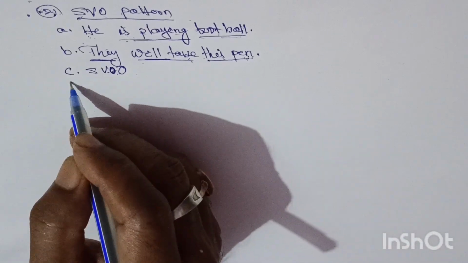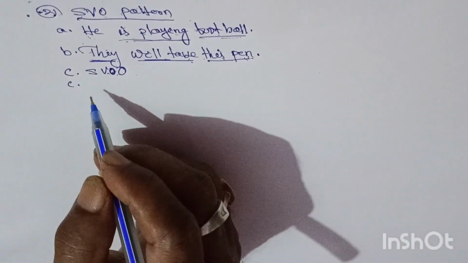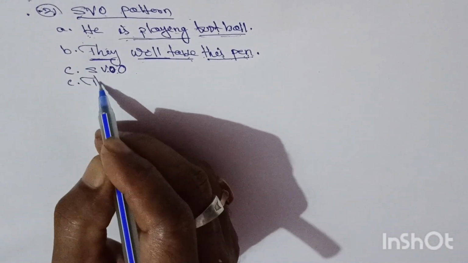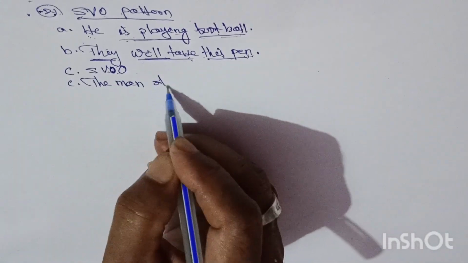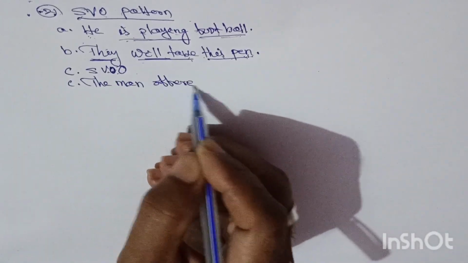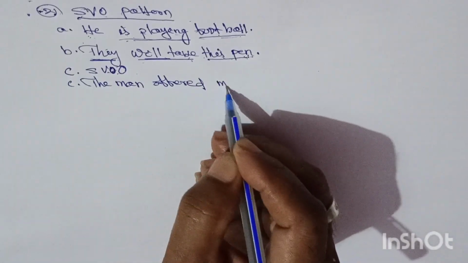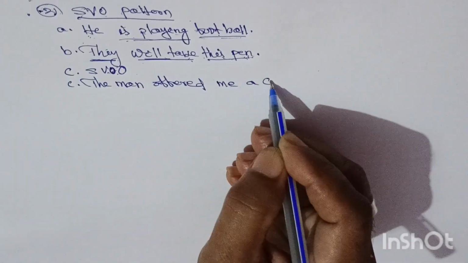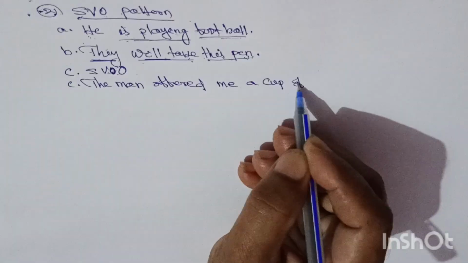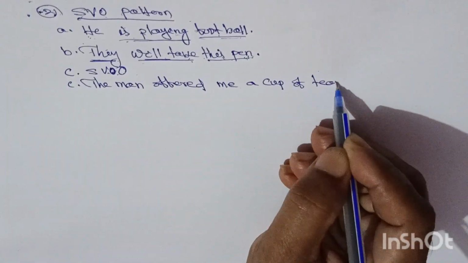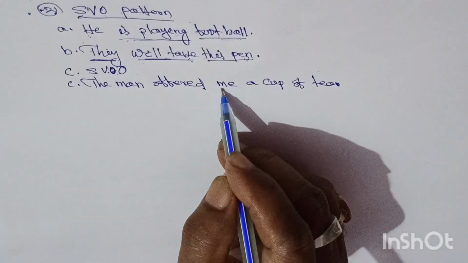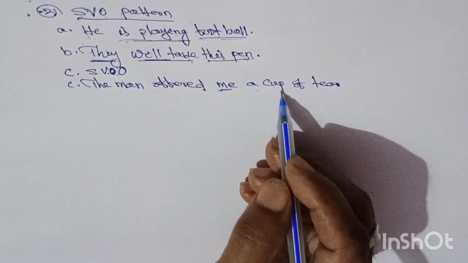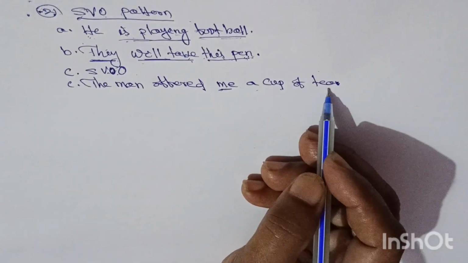For example: the man offered me a cup of tea. Here there are two types of objects: one is me and the other is a cup of tea.